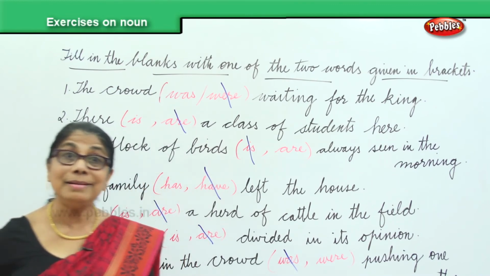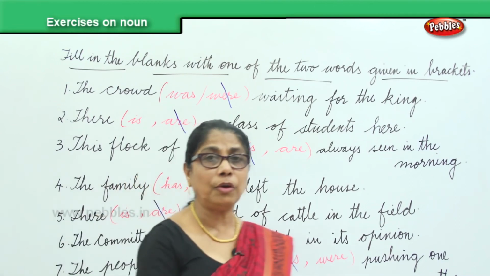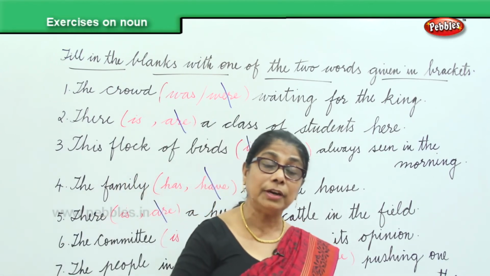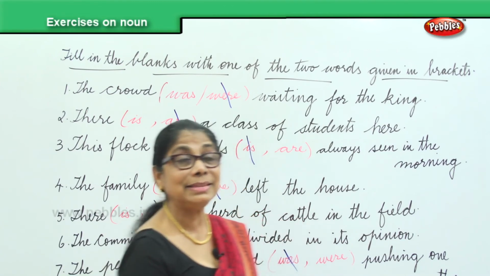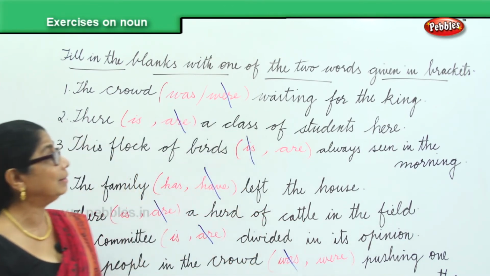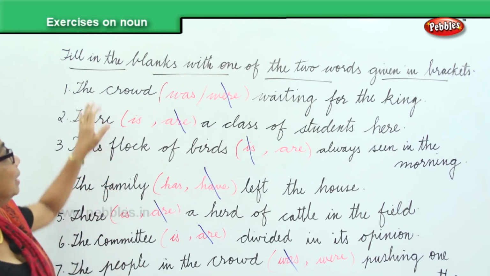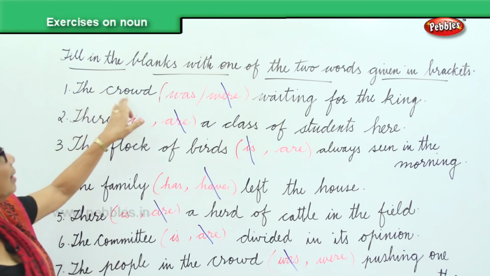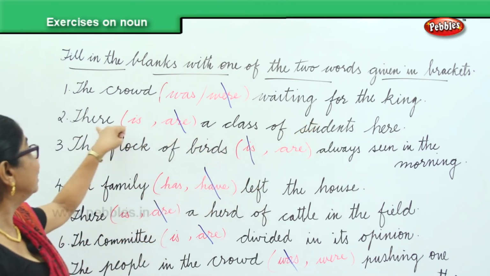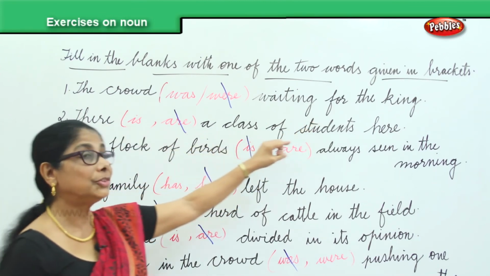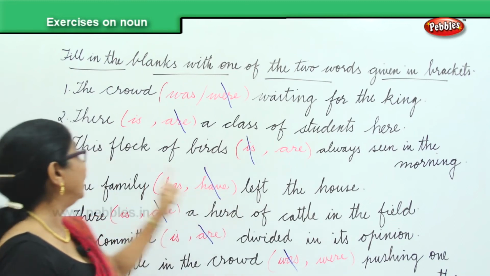So now we learned singular and plural forms, to choose the correct verb form and make correct changes in the sentences, by reading aloud, by writing itself. For the last time, let's read the correct form. The crowd was waiting for the king. There is a class of students here.